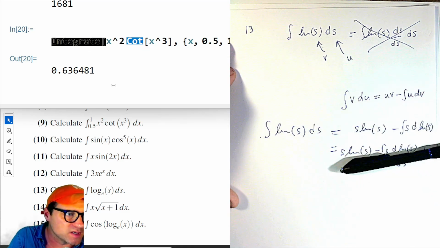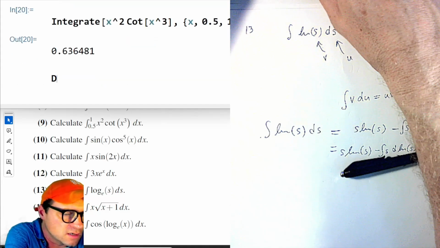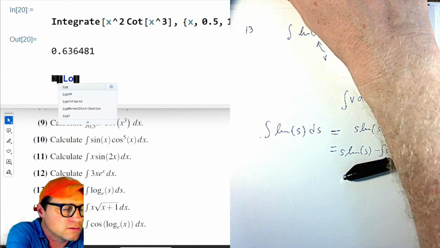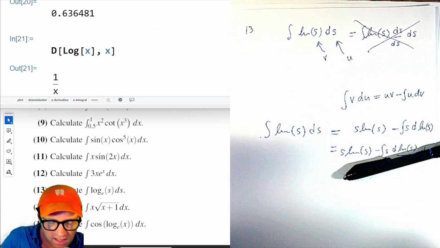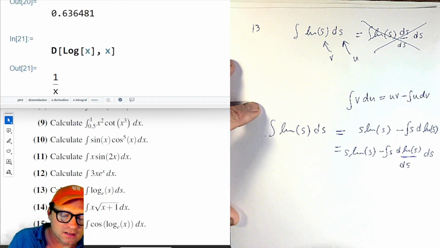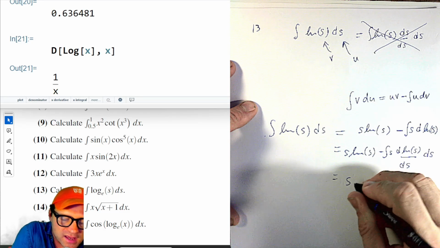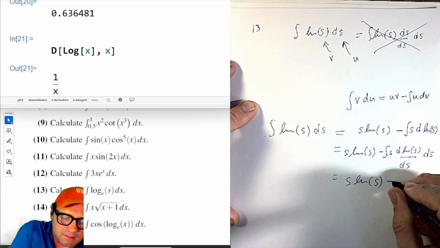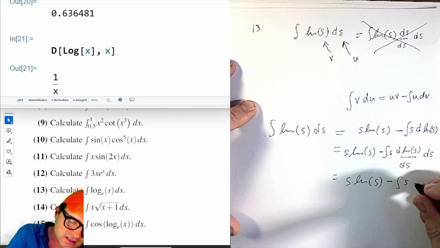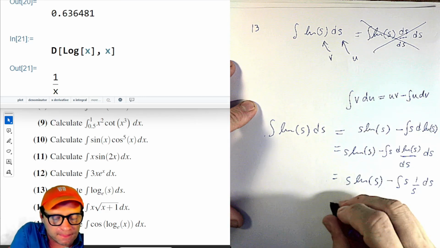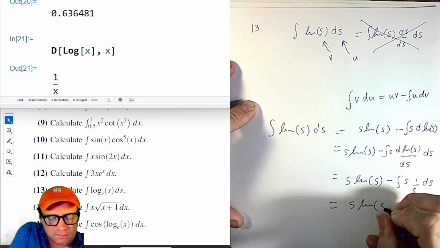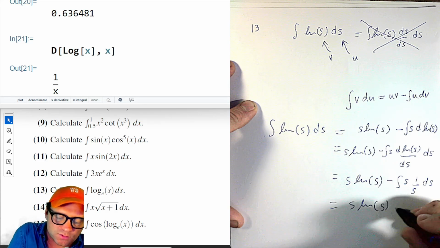All right, and because I sometimes forget this, I can just check. Okay, yes, that's right. It's 1 on s for this. So we have s ln s minus the integral of s times 1 on s with respect to s. Okay, the two of these will cancel.